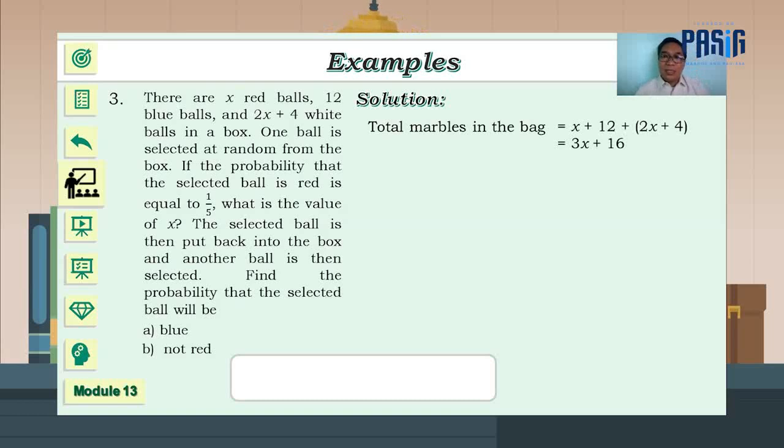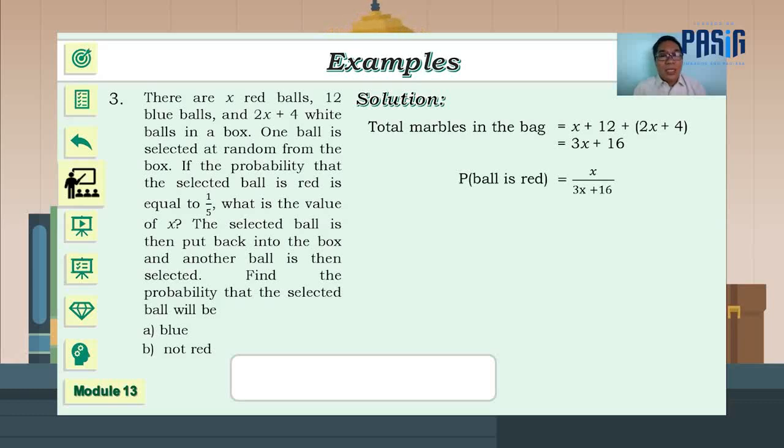But the problem is to solve the value of X. So to solve the value of X, from the problem given, the probability of red is 1/5. So the probability of red is X all over 3X plus 16, since you have your X red balls all over the total marbles in the box.